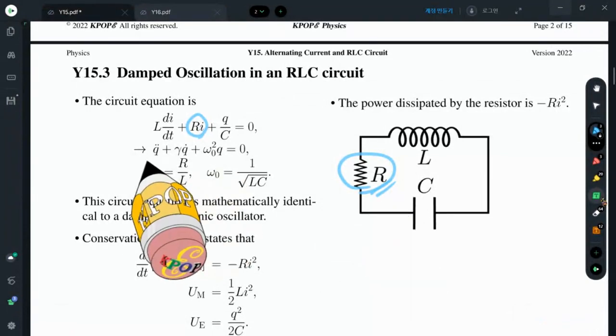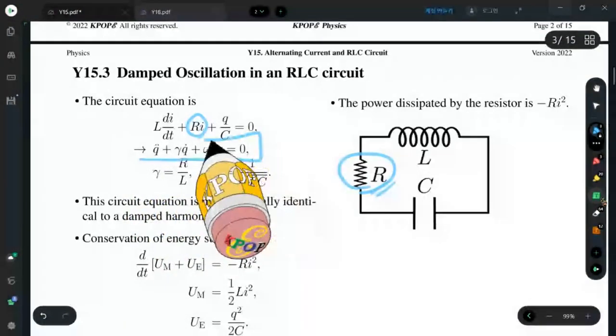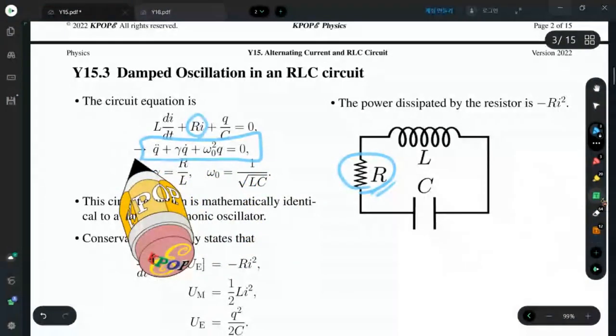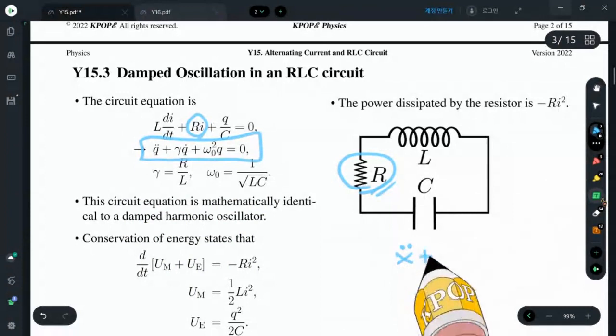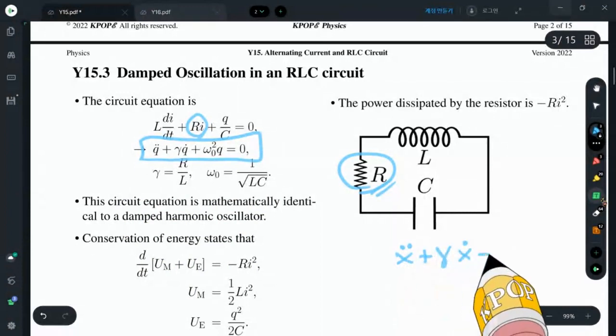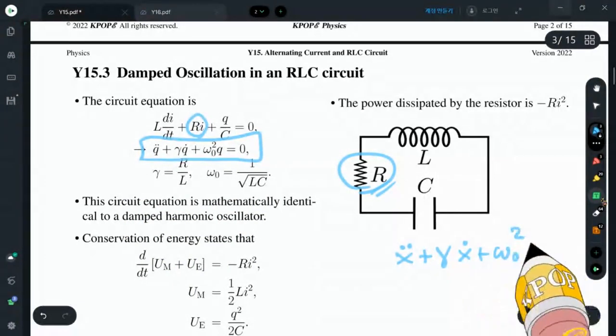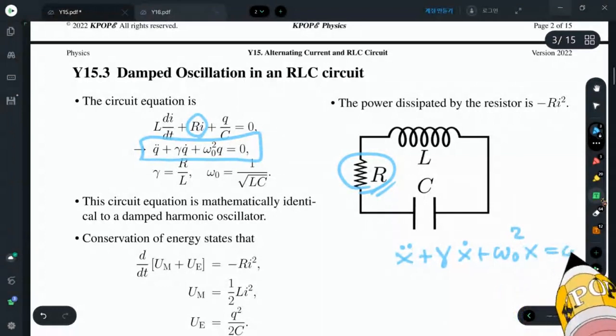Its mechanical analogy is the damped harmonic oscillator with x double dot plus gamma x dot plus omega 0 squared x equals 0.